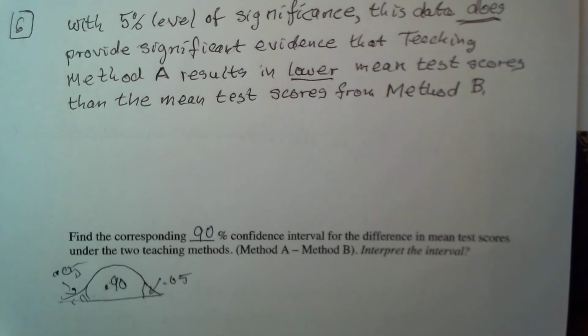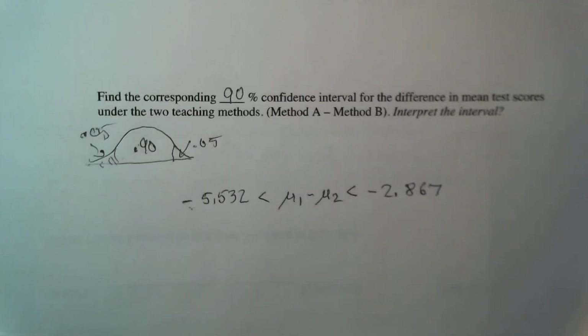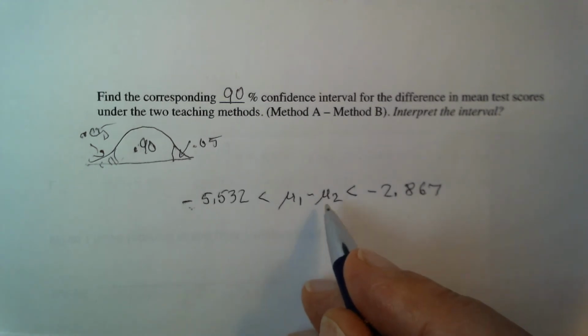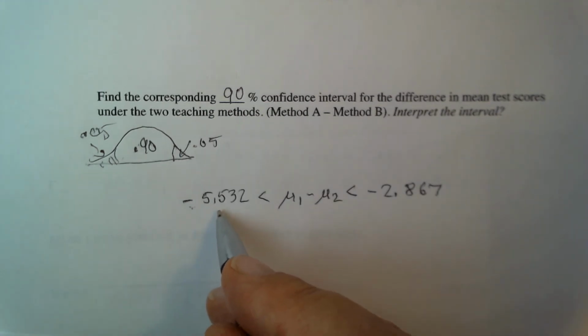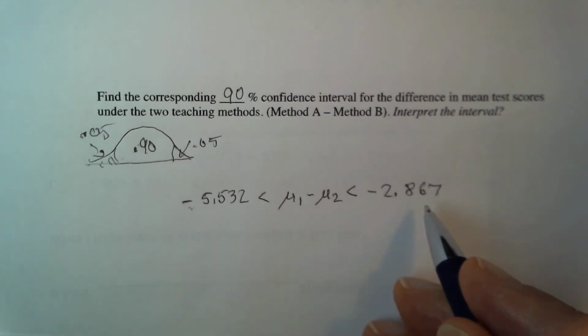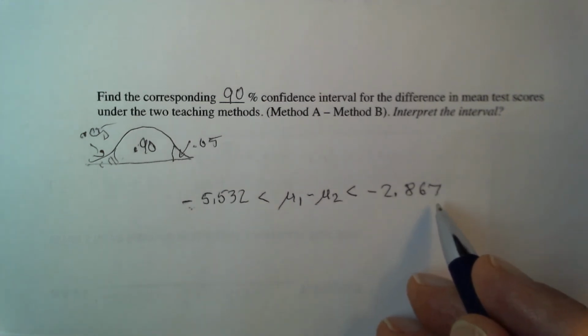And when we do that using technology, we get the following results. Using technology, our confidence interval for mu sub 1 minus mu sub 2 is from minus 5.532 to minus 2.867.